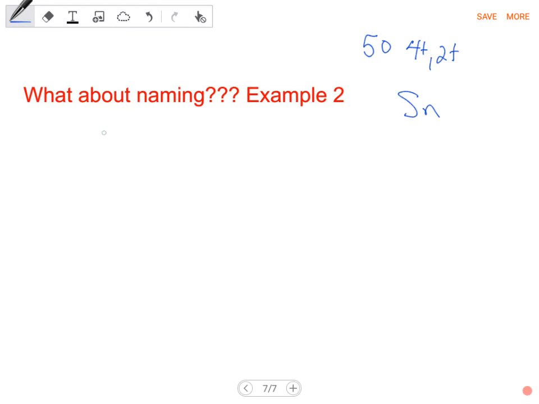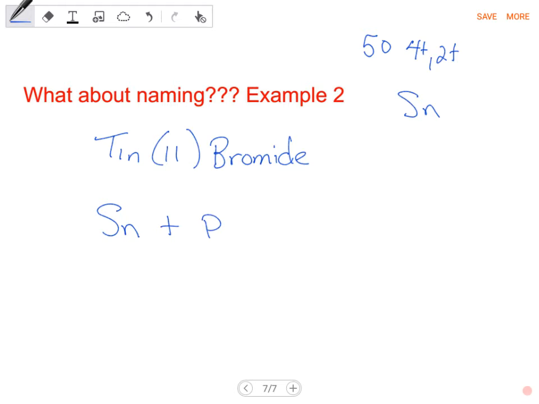They will say tin, let's go with the less common charge, tin 2 bromide. And they'll say, okay, you have to know how to create that compound. So that means you're taking tin plus bromine, or bromide, and you now know which charge you have to use. You have to use the 2 plus version. And of course, that's going to help you create your compound.